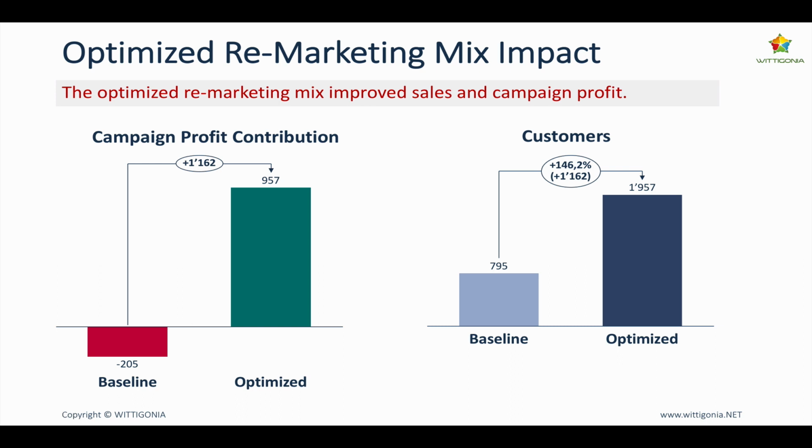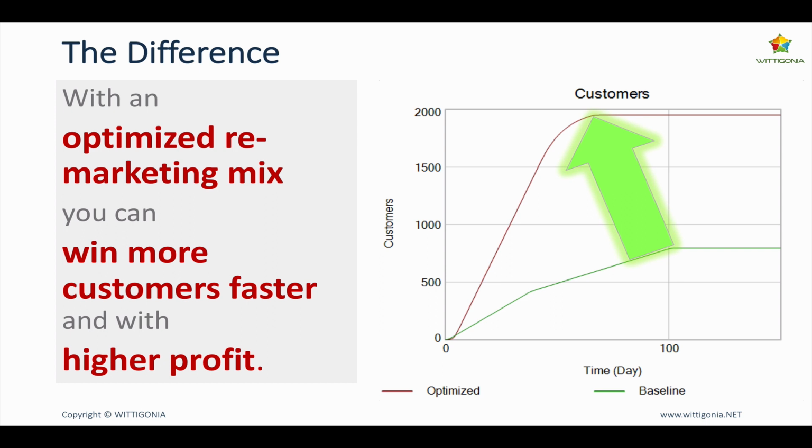Again, this is especially important when you talk about a product or a service where you have an ongoing revenue stream, for example, a software as a service product or platform. So that's why it's really important to optimize the mix.